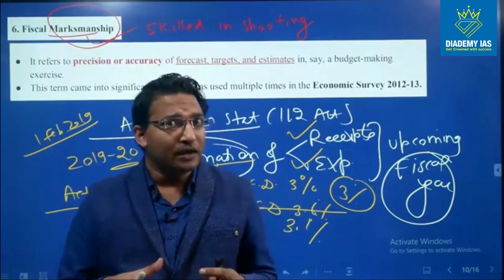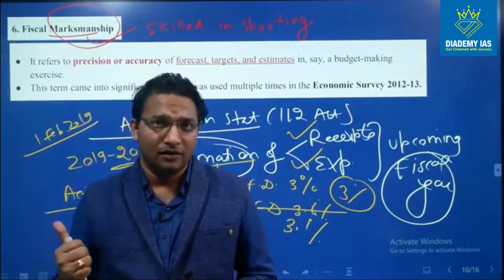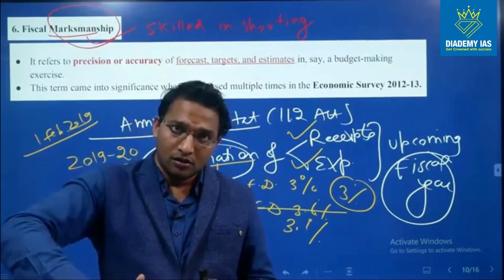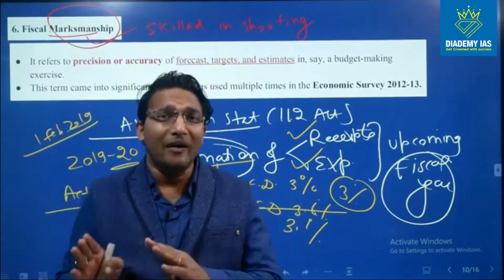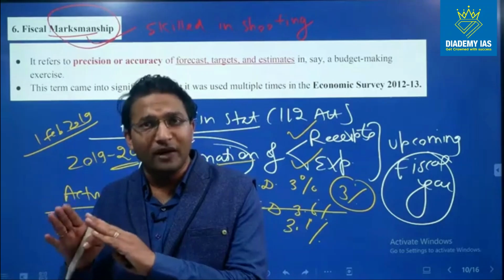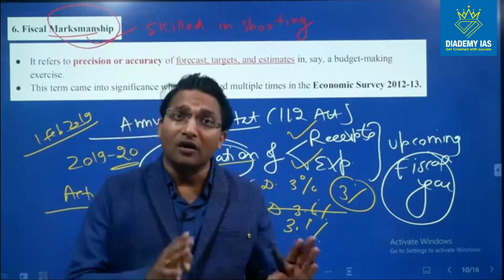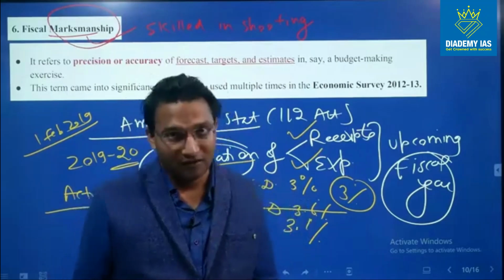So during this time, the budget which was introduced in the month of February might not hold true, right? So this is completely out of the control of the government. The government did not expect at that time, in the month of February 2020, when the budget was introduced, that the coronavirus will actually shock the entire economy, right?